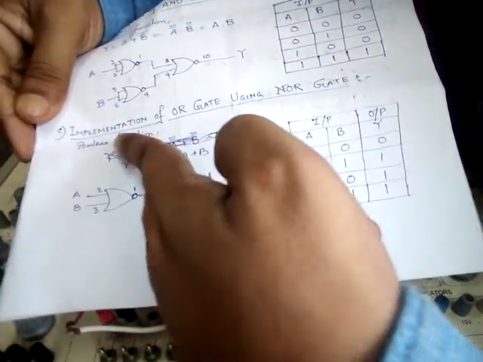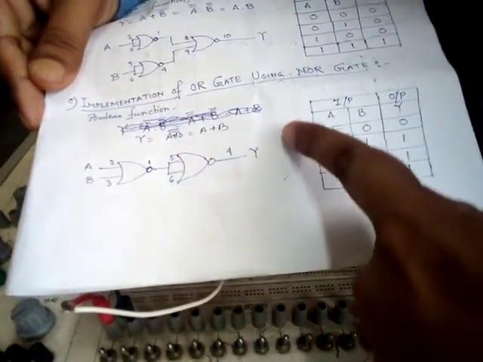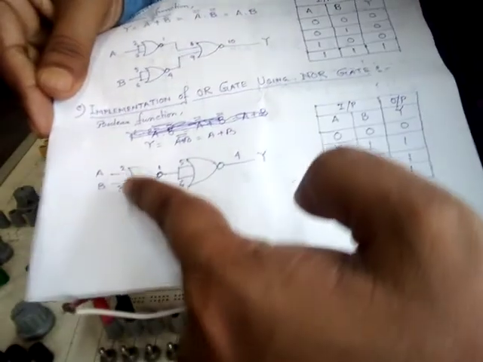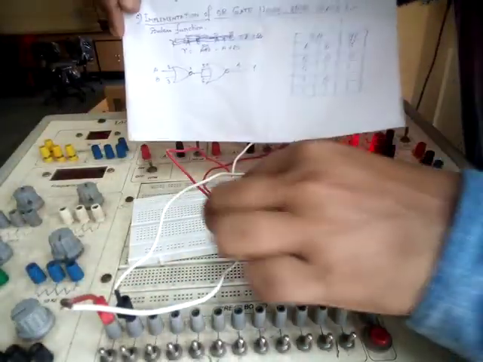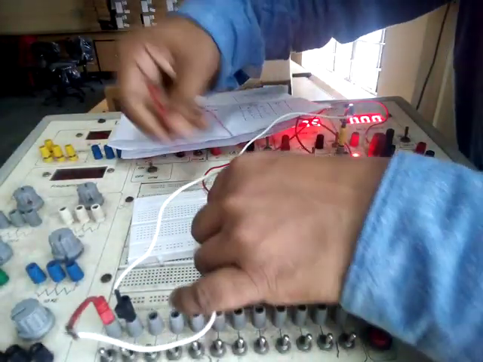The circuit is this. Experiment name: implementation of OR gate using NOR gate. Okay, first of all remove the previous circuit.